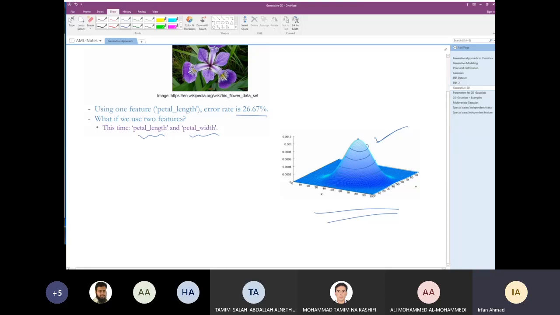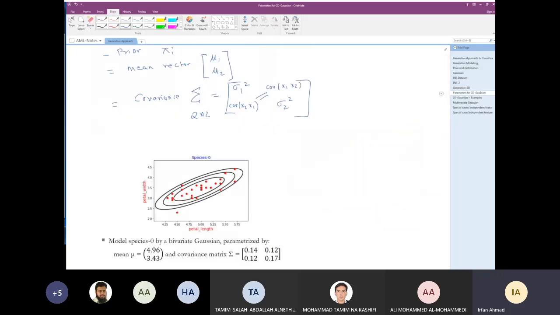To show the bell curve, of course, visually looks nicer, but to interpret it better, we can also show it as a contour plot. This is an example from the iris data set here. You can see this is the same thing. This is the bell curve. This is the highest point, approximately here, right? So you're speaking here of the mean vector 4.96 and 3.43. The 4.96 is here and 3.43, right?